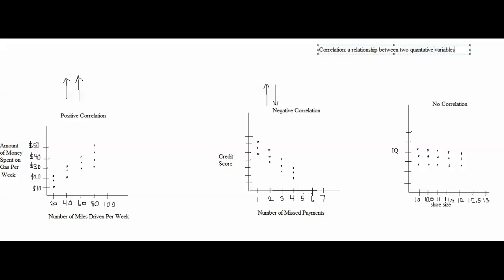And it's also a relationship in which a person's value on one variable is at least roughly predictable based on their value on the other variable. And I'll talk about what I mean by that.